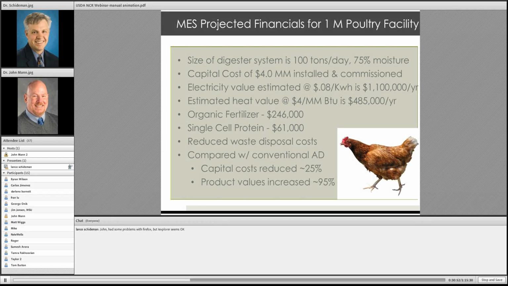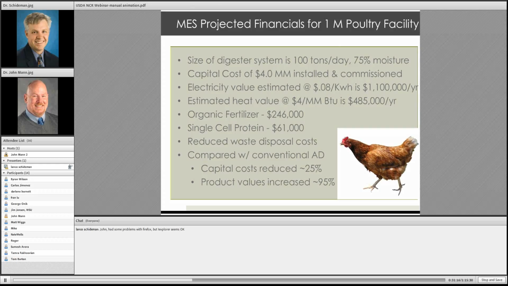Your capital cost was estimated for that system at about $4 million. The electricity value that would be generated is around $1.1 million. The heat value around $485,000. The organic fertilizer $250,000, and then the single cell protein value at around $60,000.